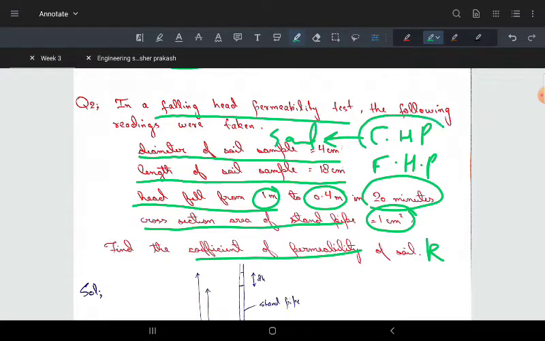And the falling head permeability test is used for clays or fine grained soils, the soils which have a very low coefficient of permeability. Okay, let's go back to the question.